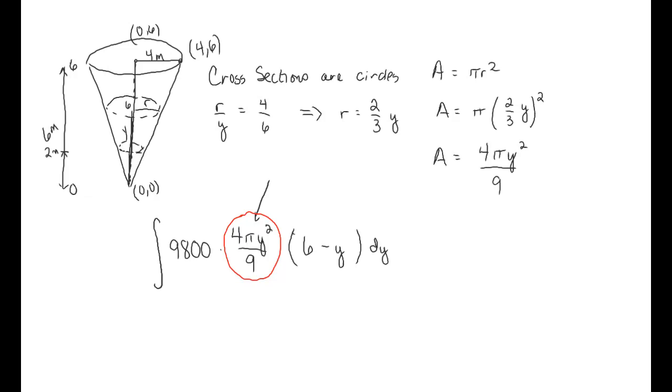But take a look at this. If you set up your coordinate system and come up with an area piece in terms of y and a distance move piece in terms of y, I'm going to call it d of y for distance. And then you have your density.